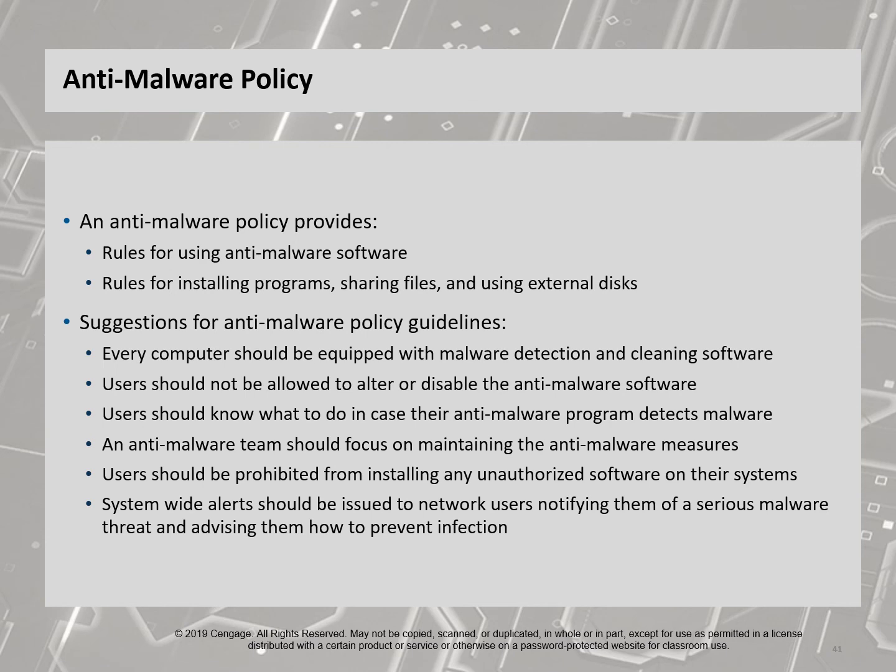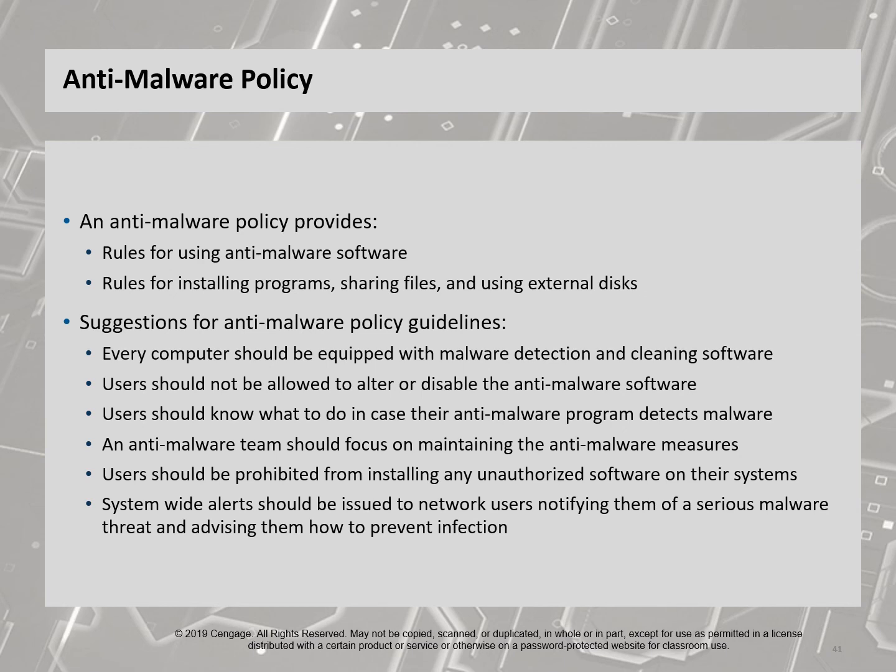Anti-malware policy. Anti-malware provides rules for using anti-malware software and rules for how we install programs, how we share files, and using external storage. All of these are considered major points of vulnerability, so your anti-malware policy needs to include these guidelines. Every computer should be equipped with some form of detection and removal software. Users should not be allowed to alter or disable the software.